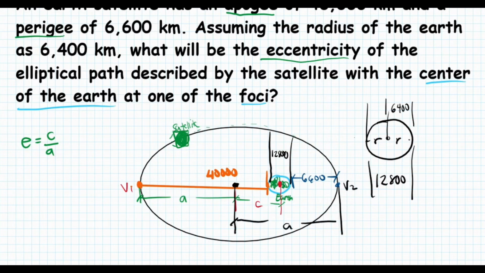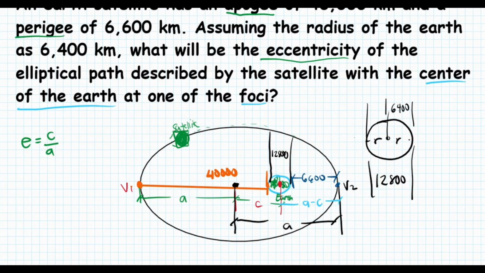Kung A ito at C ito, gaano kahaba yung distance naman to? Pag minusin mo lang si A at si C, tama? Magiging ganyan siya, A minus C. Tama ako, di ba? Ito naman, alam mong A siya, alam mong C to.